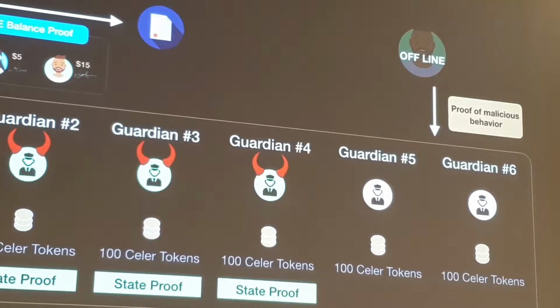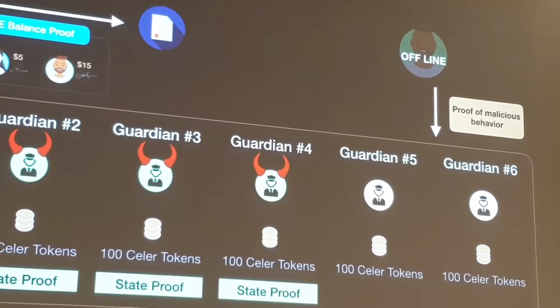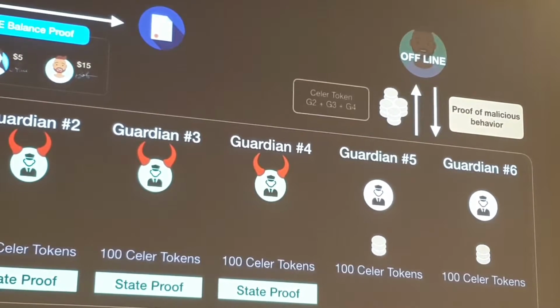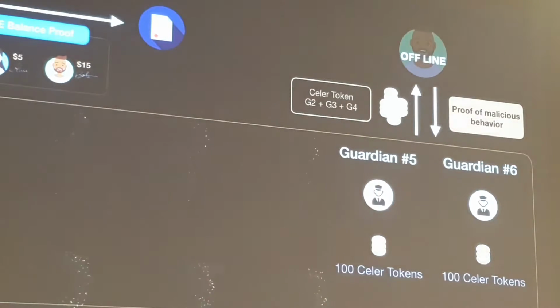So Bob can submit a proof of malicious behavior to the state guardian network and let the entire tokens staked be compensated to himself. So all these state guardians will be kicked off the network.